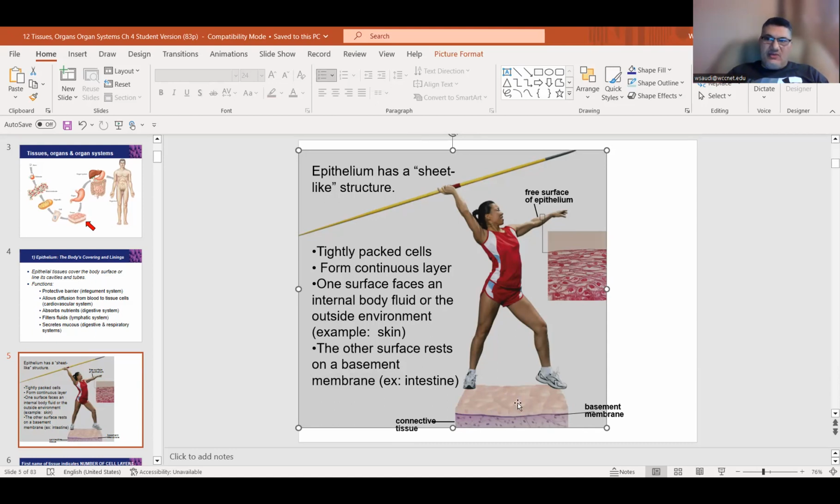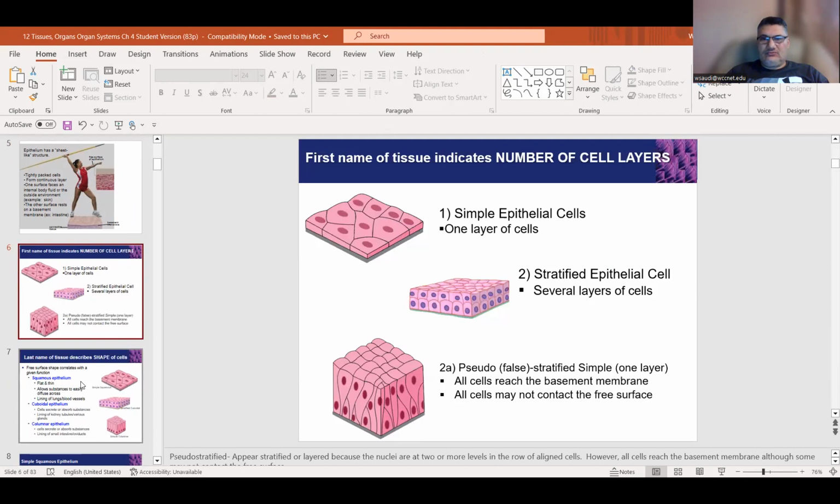I know we're talking about the epithelial tissues, but I'm giving you hints. When we go further, you will see that the organs are combinations of tissues. So now we're talking about epithelium. Epithelium is like this: tight, packed, continuous, and underneath there is a basement membrane.